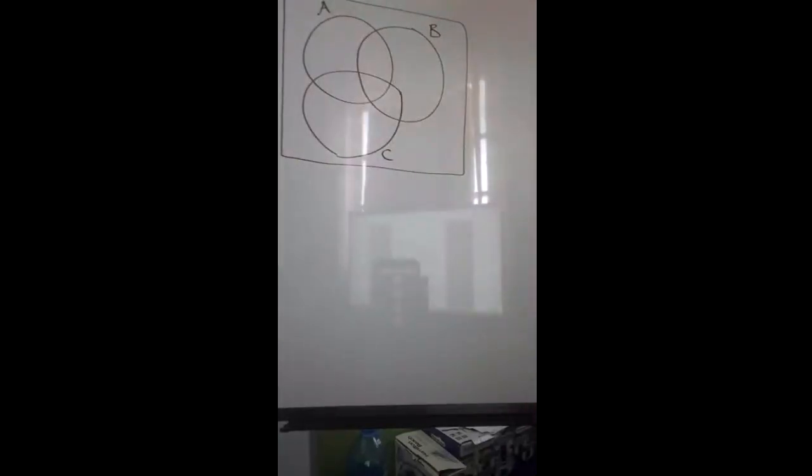Now for the first one, we said the complement of the union of B and C. So if we unite B and C, that's everything in B and C. The complement of that would be outside of B and C. So that would be this whole diagram here.